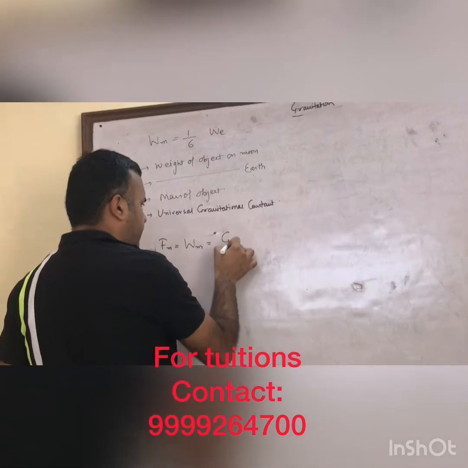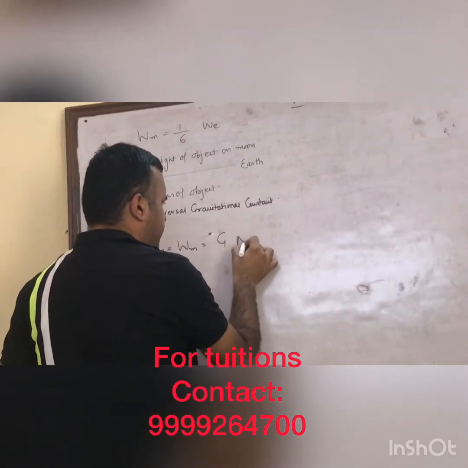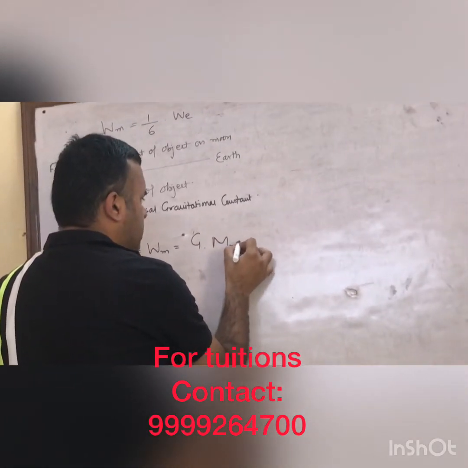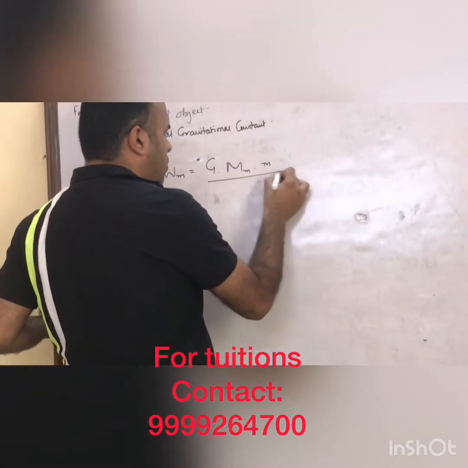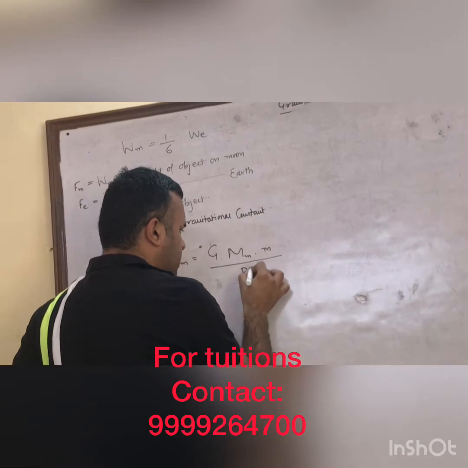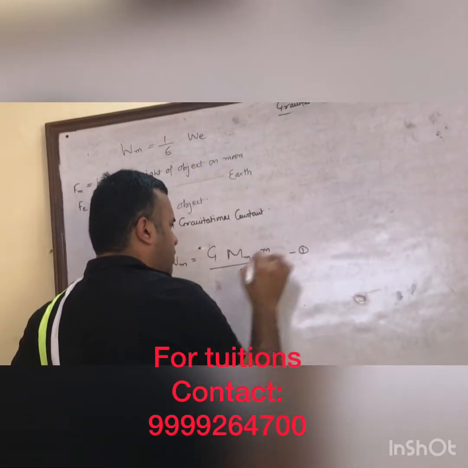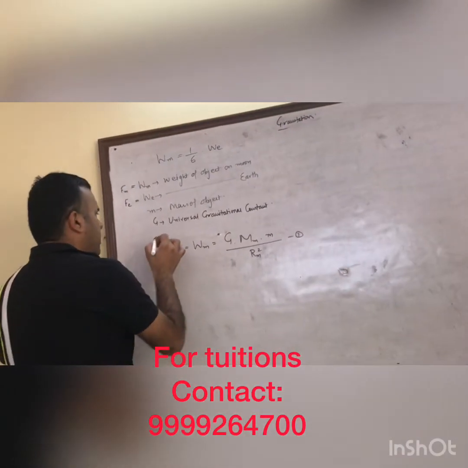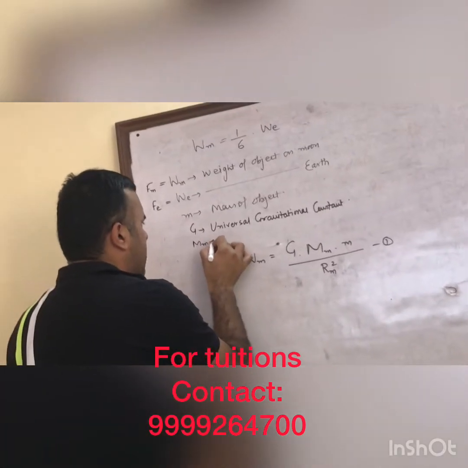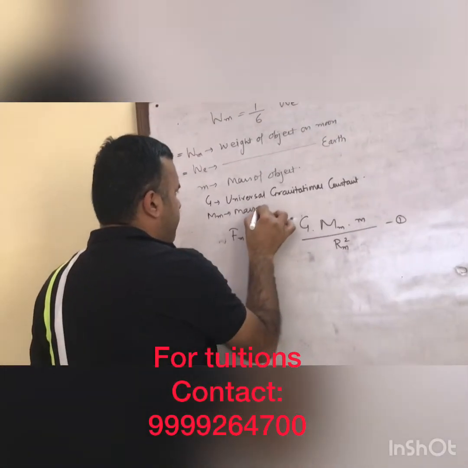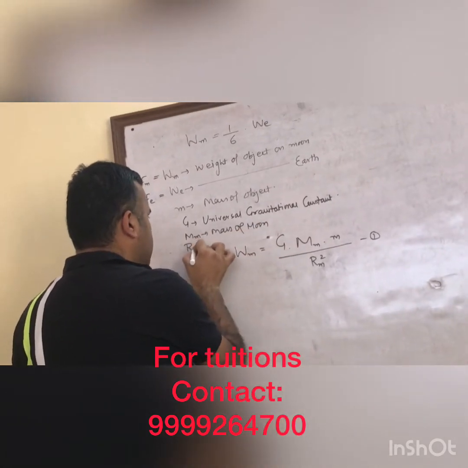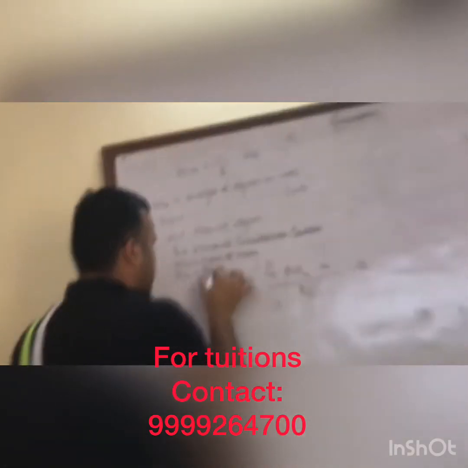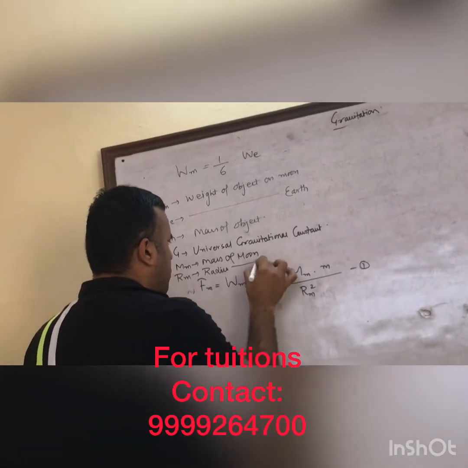Here, capital G is same, Mm is mass of moon and small m is mass of object on moon, upon radius of moon whole square. Give it as equation number 1. Here Mm is mass of moon and Rm is radius of moon.